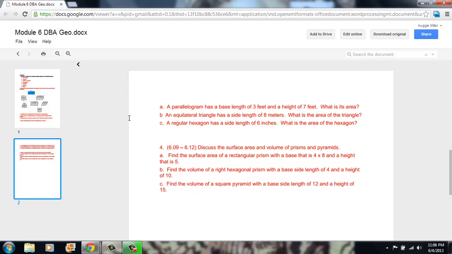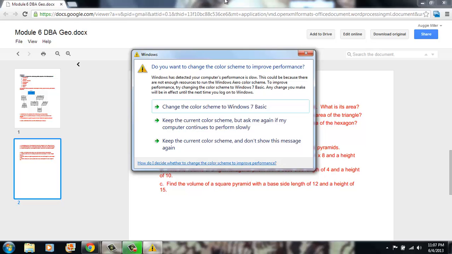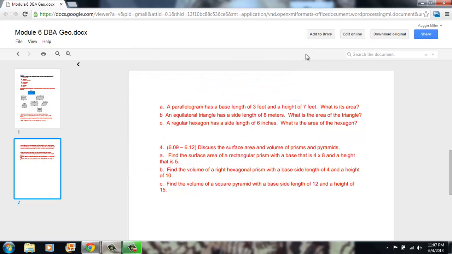So that's 8 squared is 64 minus 4 squared, which is 16. 64 minus 16 is 48. And the square root of 48 is 6.9. So that's the other side.